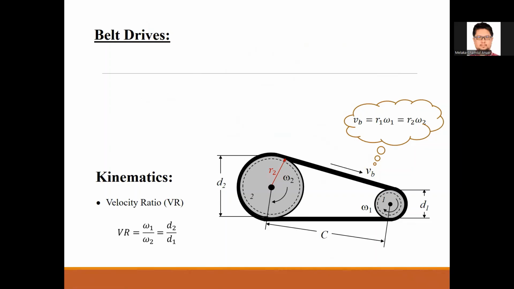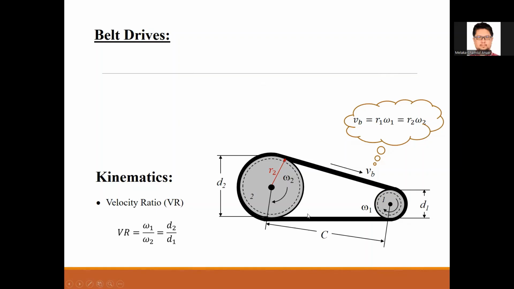So as in chain, belt also, and also gears, we can change the speed because of the difference in the pulley sizes. We can change the torque and the velocity. So in this case, angular velocity. So if the small one here is going by omega 1, the big one will go a bit slower with omega 2.